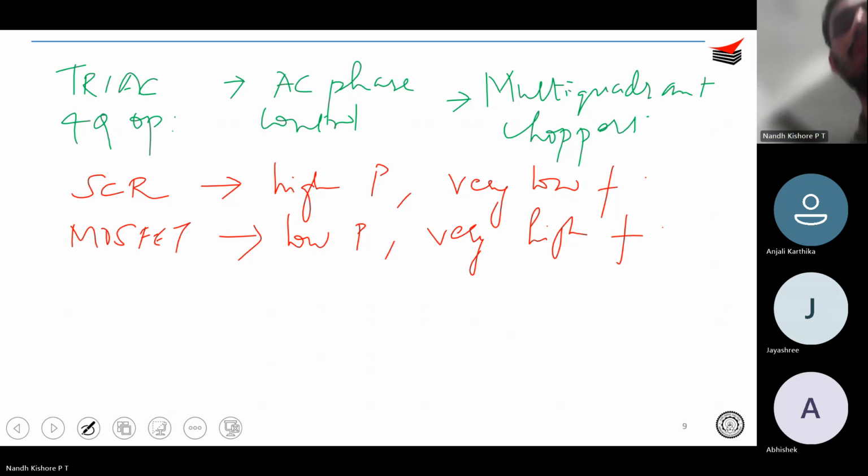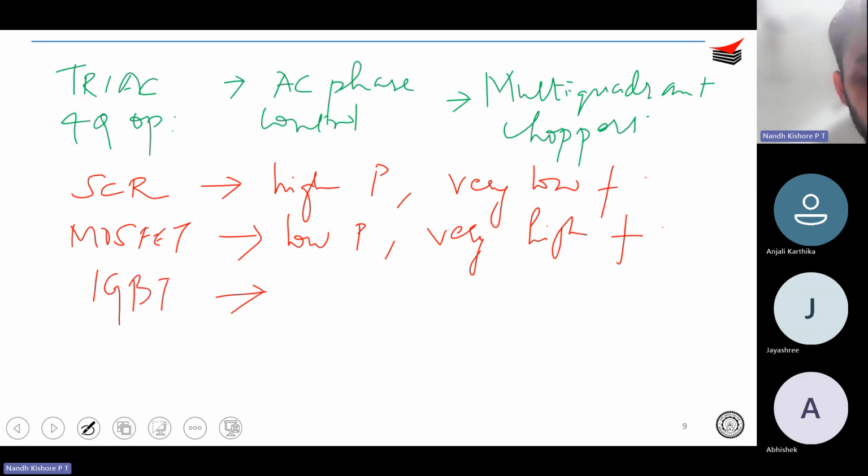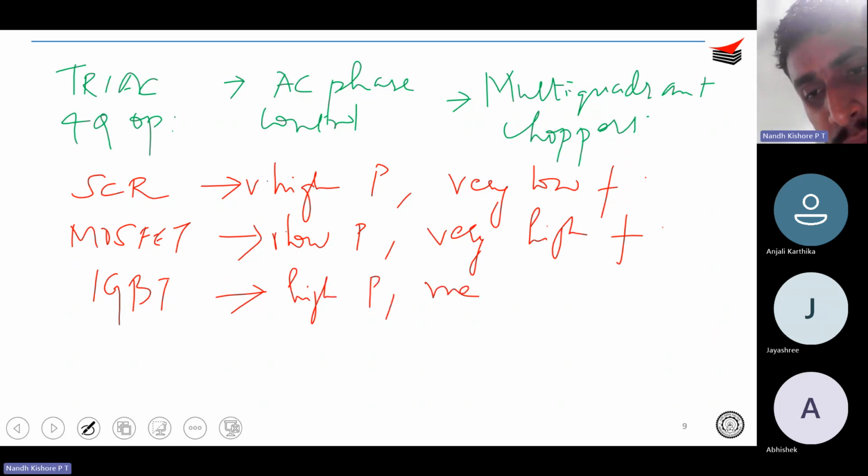And then you have the IGBT somewhere in the middle, wherein the power is also a little high. So this is high power and medium frequency operation.